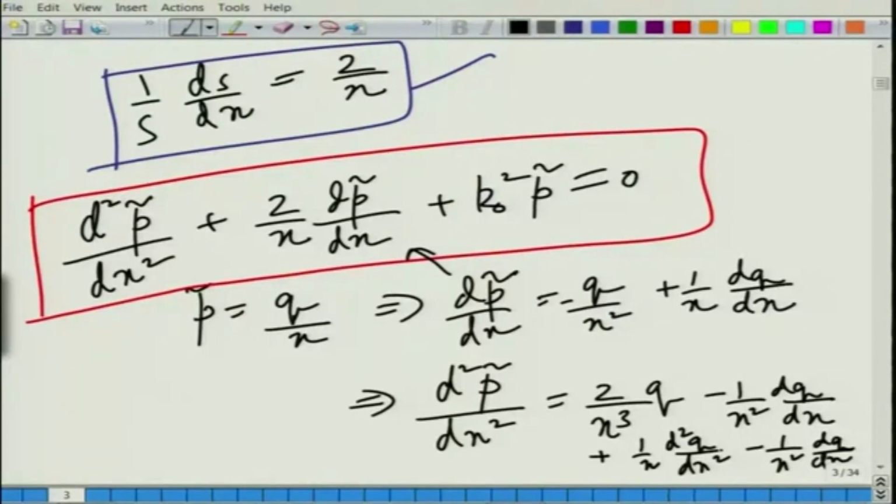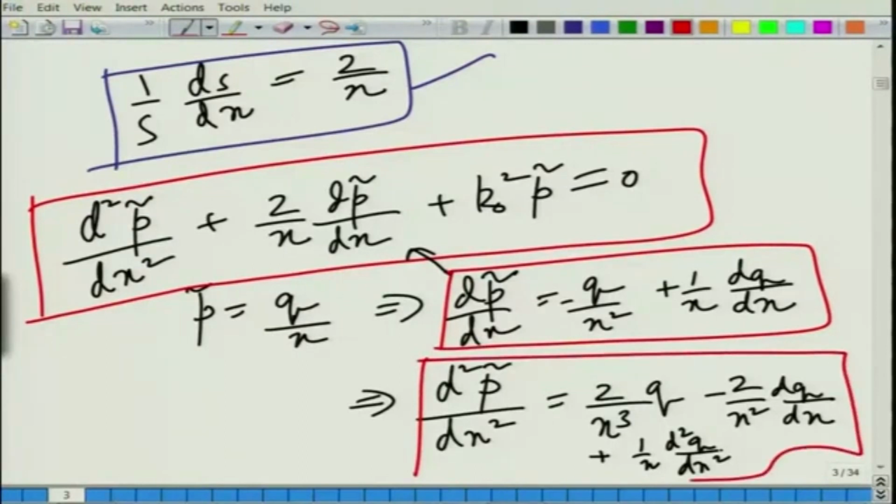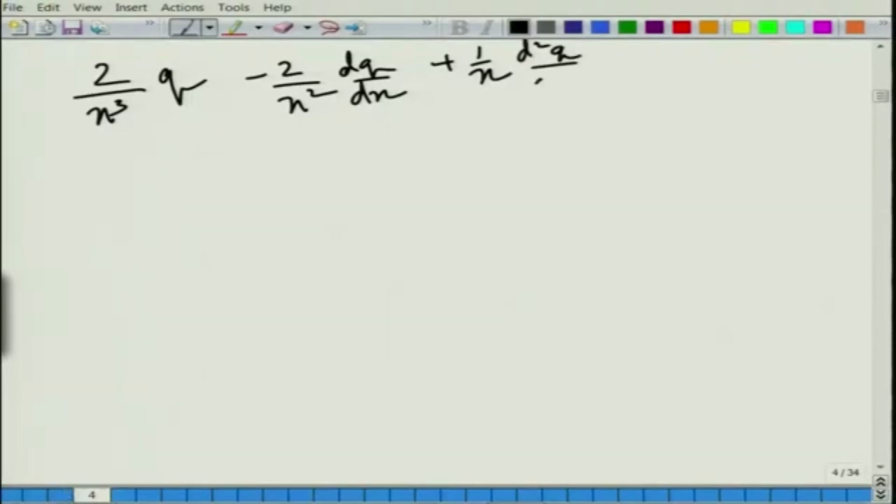So, what we get here is that we can combine terms, giving 2 by x cube times q minus 2 by x square times dq by dx plus 1 by x times d2q by dx square.